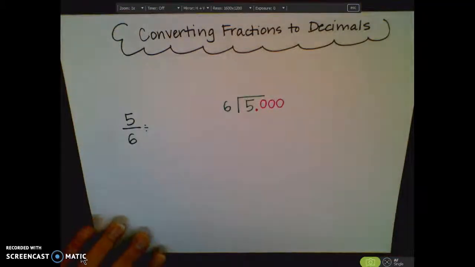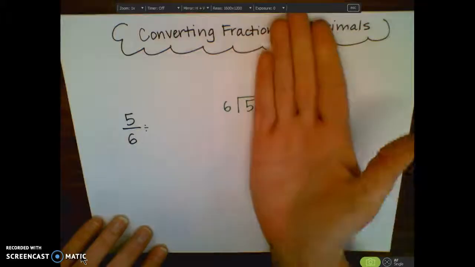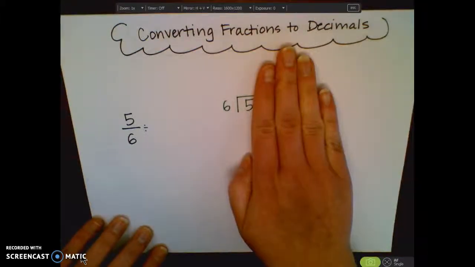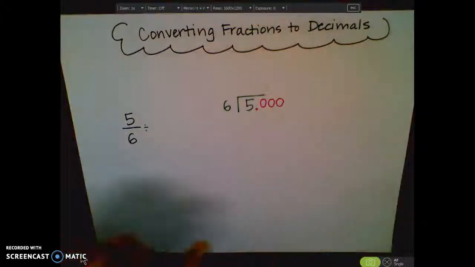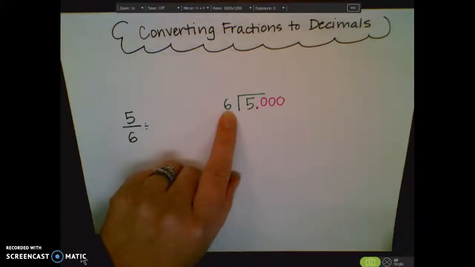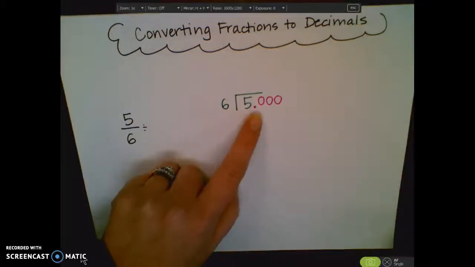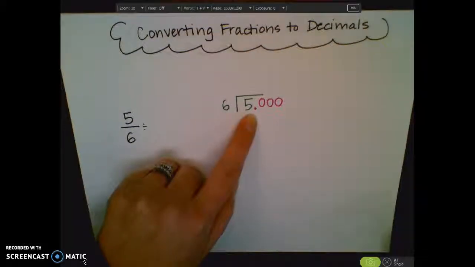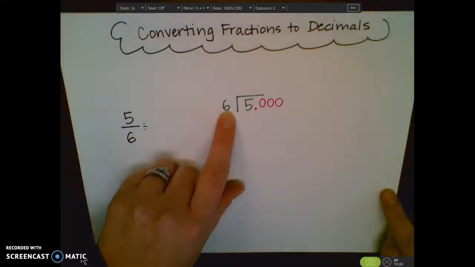Okay, so before we started this, I had 5 divided by 6. Well, I can't do that. If I have 5, I cannot remove a group of 6 if I only have 5. And so I can't divide that into 6 equal parts without that being less than 1.